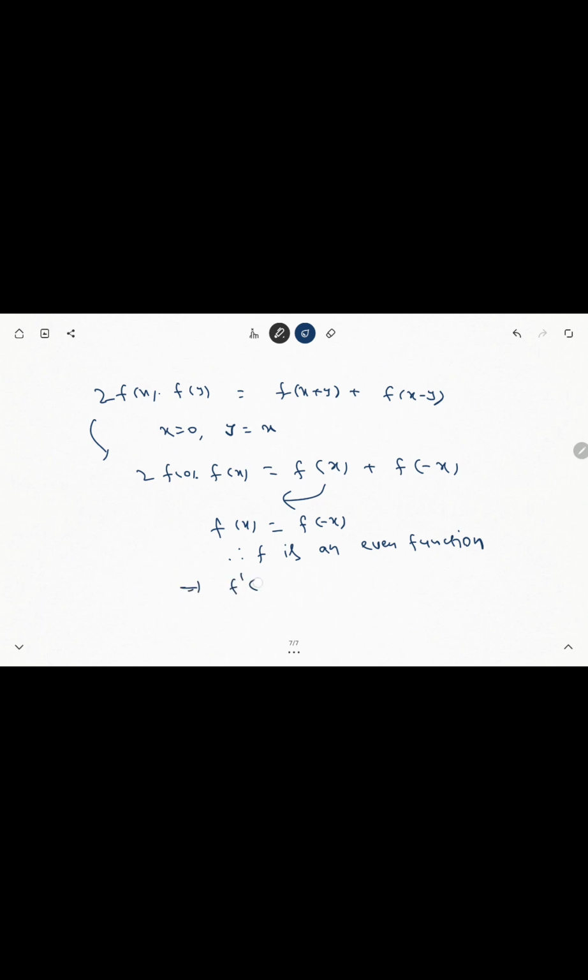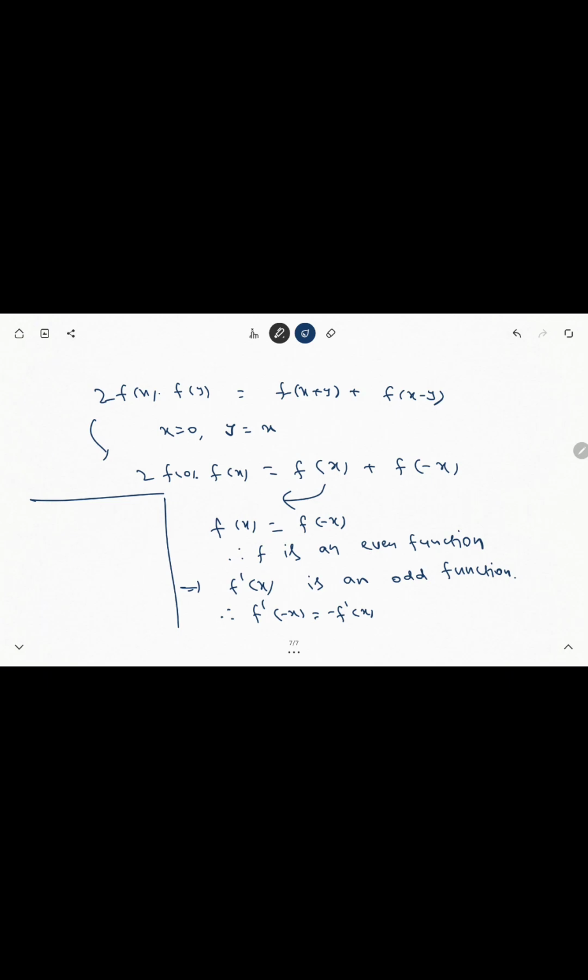This implies the derivative of an even function is an odd function. So f dash is an odd function. Therefore, we are getting f dash of minus x is equal to minus f dash x because it is an odd function.